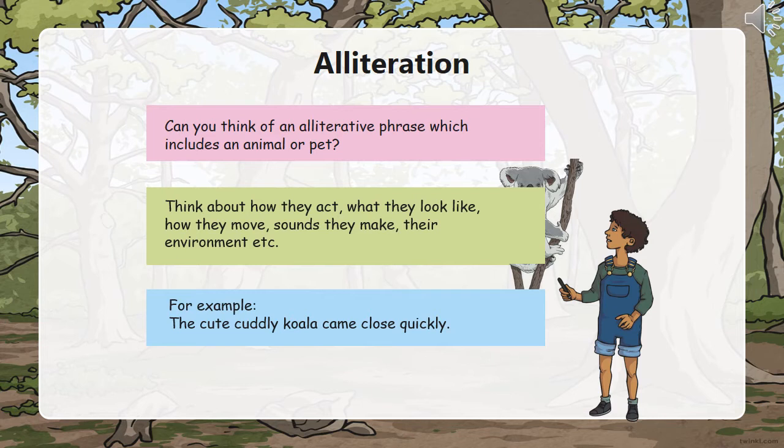Think about how they act, what they look like, how they move, sounds they make, and their environment. For example, the cute cuddly koala came close quickly. Pause the video and give yourself a chance to make a few of these yourself.